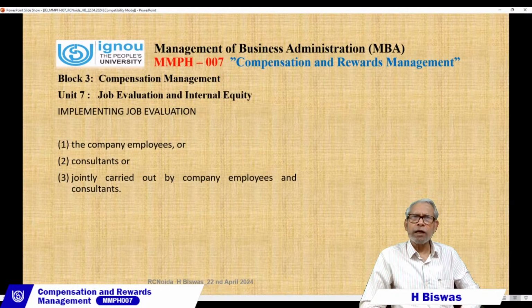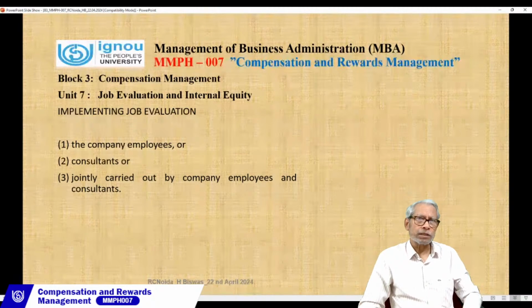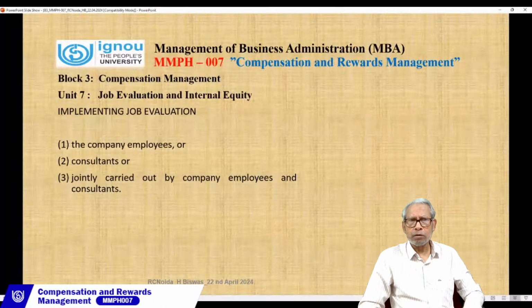That's why some of the employees should initially be involved with these jobs along with the consultant. Then it will be better, because they can easily take over the jobs from the consultant, run the systems and implement things in a very smooth way. Or maybe for forthcoming new projects and new types of work, they need not appoint any further consultants. This is the way the options are given.